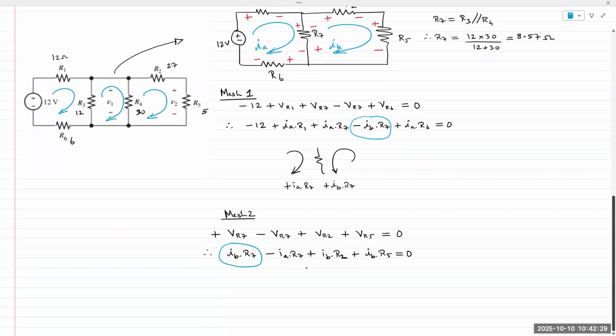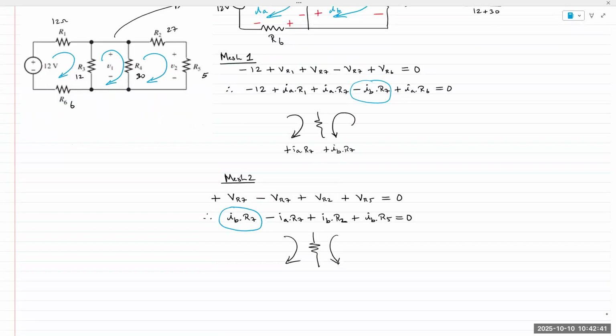Let's just make one more point. If I had this coming like this, and if I was writing the equations now for mesh 2, these would be both negative, and so it would become minus IA R7 minus IB R7.